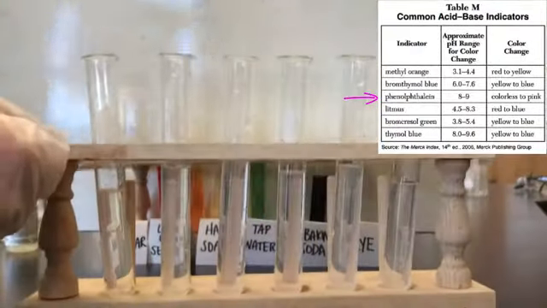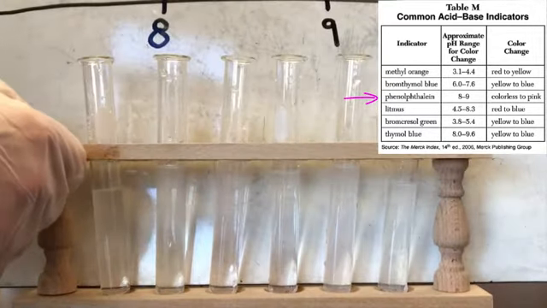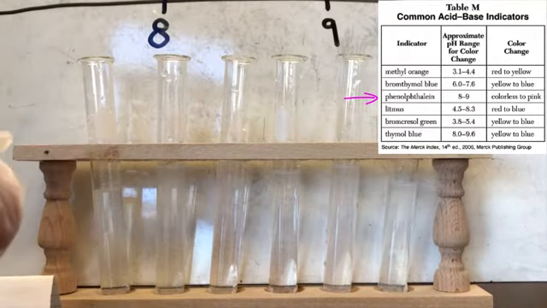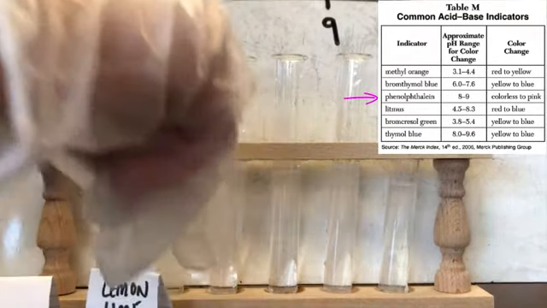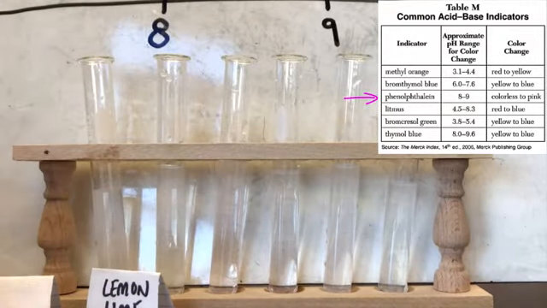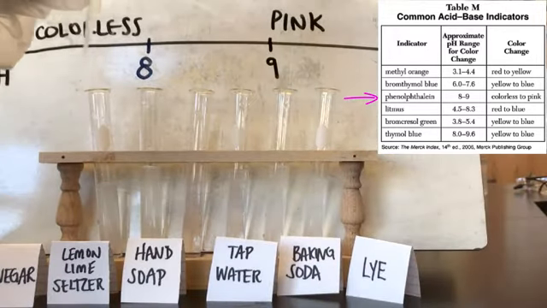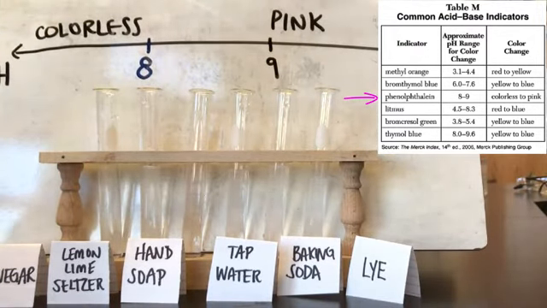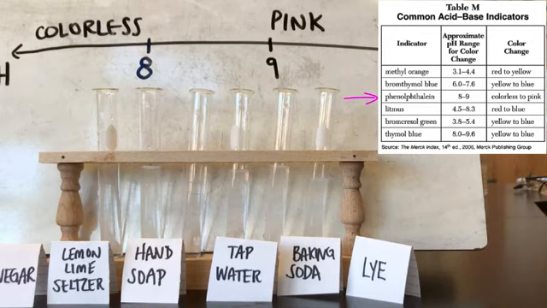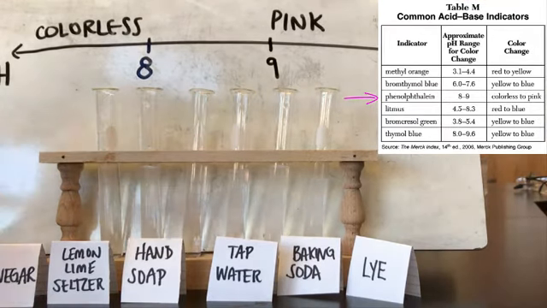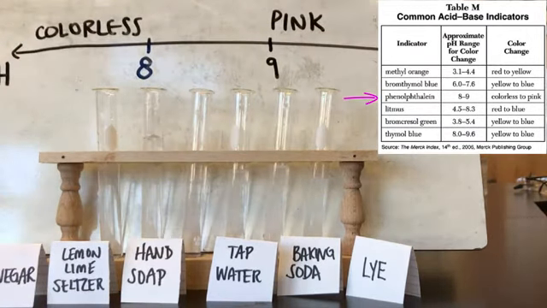We are going to do the same setup and the same substances that we've been doing. So our vinegar, lemon lime seltzer, hand soap, water, baking soda, and lye. Vinegar has stayed clear. Seltzer stays clear.